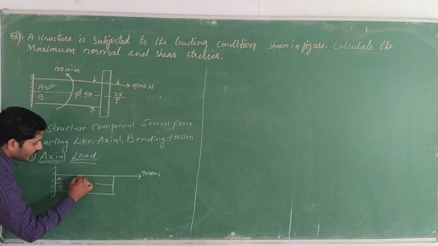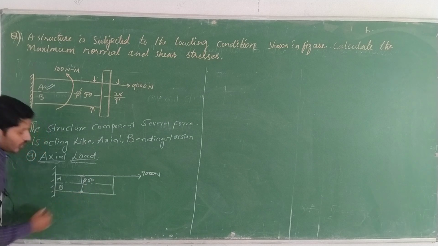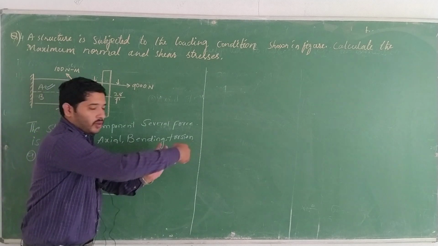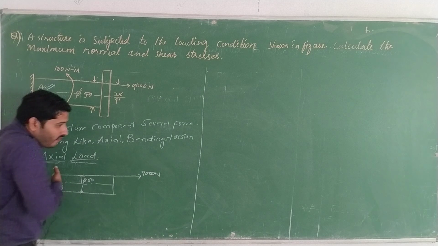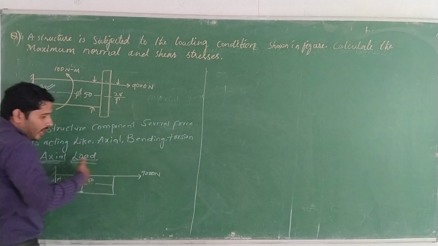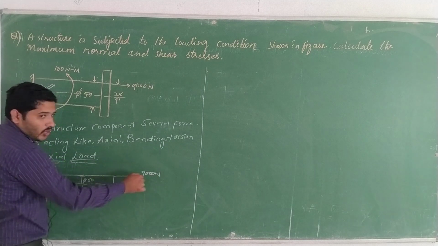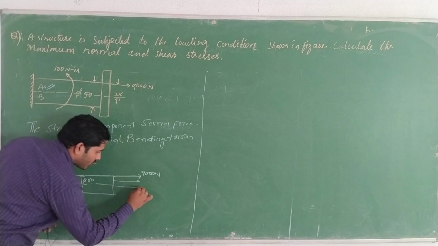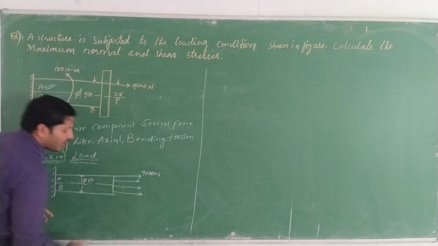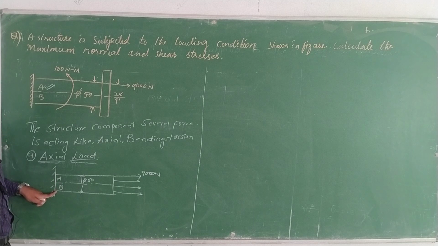The diameter is 50. If we apply the tensile load, then A and B will be elongated. The A and B will increase if we apply the axial load on the specimen.